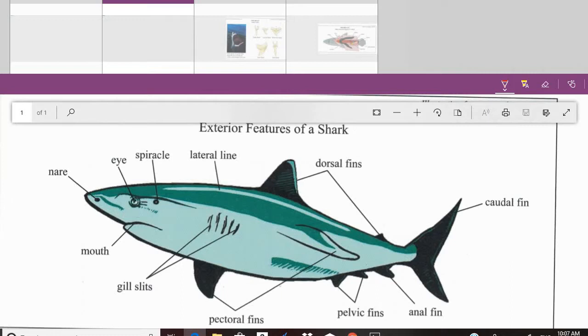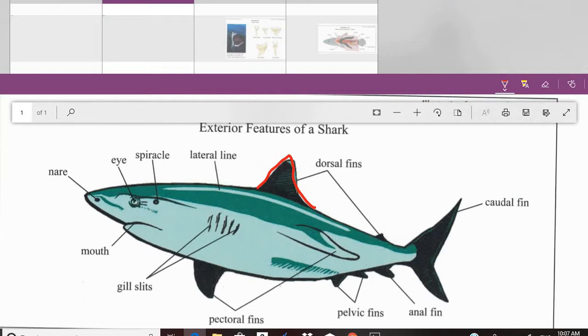The dorsal fin is the one that you're probably most familiar with, because that's the one that typically in movies you see sticking up above the water. But they do have other fins that are used for balance and to help it move through the water.